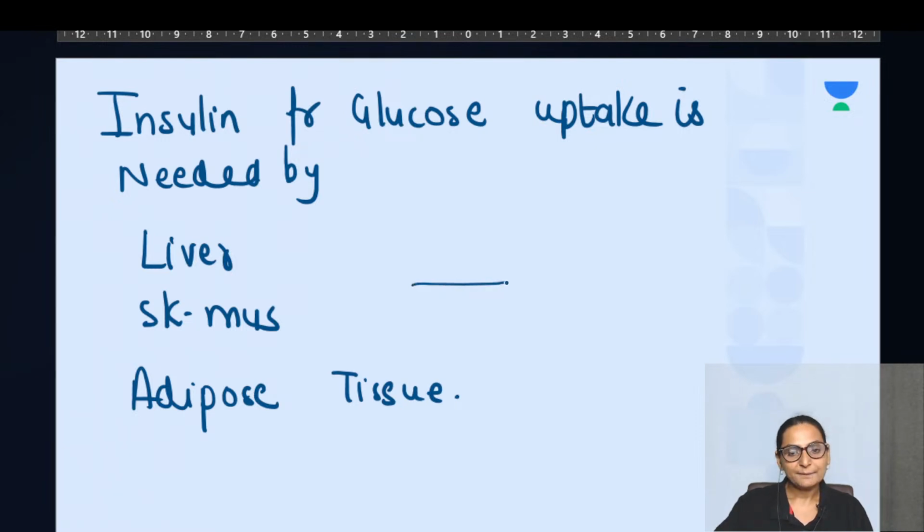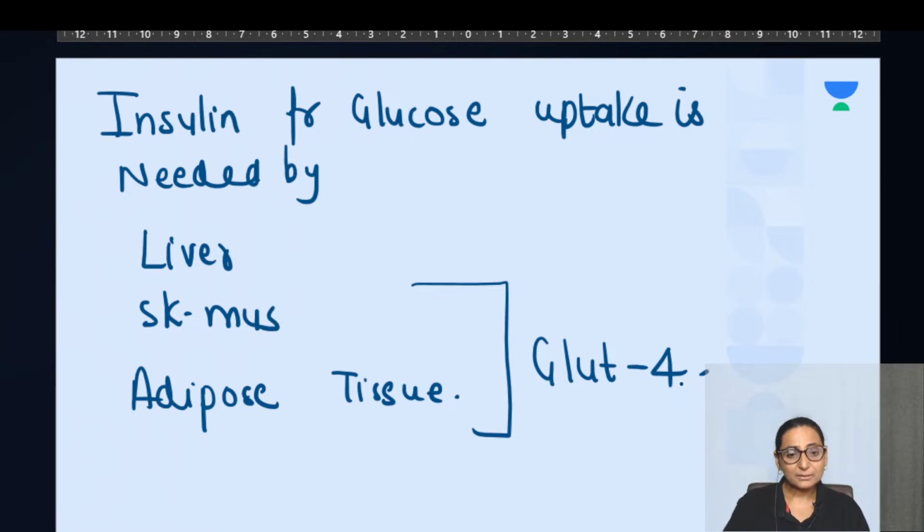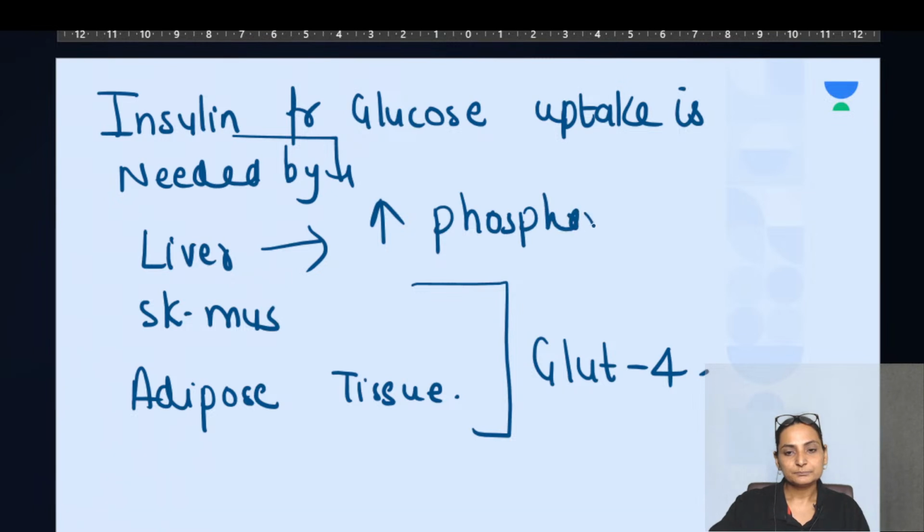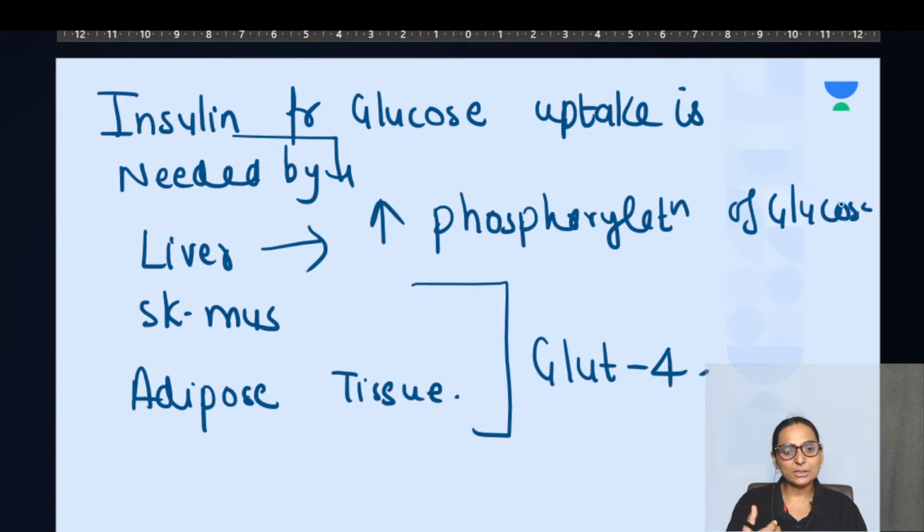These two have GLUT4, but the liver does not have GLUT4. Here insulin increases the phosphorylation of glucose, and this decreases the intracellular glucose level in the hepatocytes. So when the glucose level in the hepatocytes decreases, this itself increases the glucose uptake.